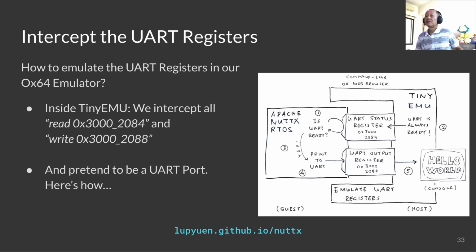This means that TinyEMU needs to intercept these UART addresses to emulate the BL808 UART controller. Inside TinyEMU, we intercept all reads to this UART register address and writes to this UART register address. That is how we pretend to be a UART port. More details coming up.